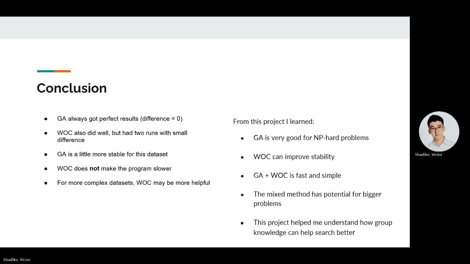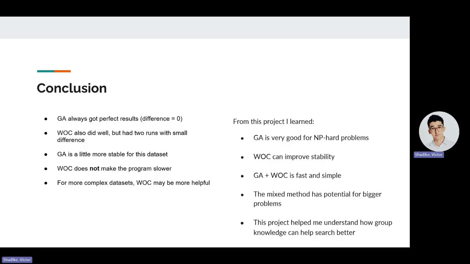However, in conclusion, in this project I used a genetic algorithm to solve the subset sum problem and combined it with the Wisdom of Crowds idea. I designed a simple binary encoding of the solution and a fitness function based on the difference from the target.